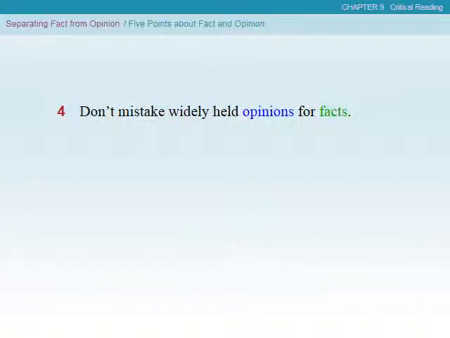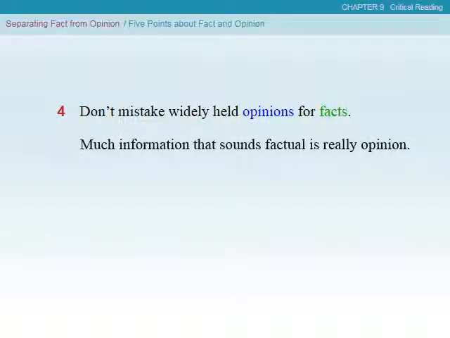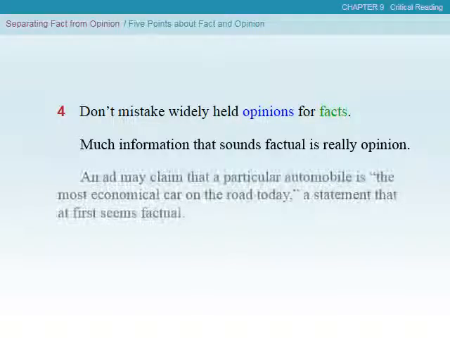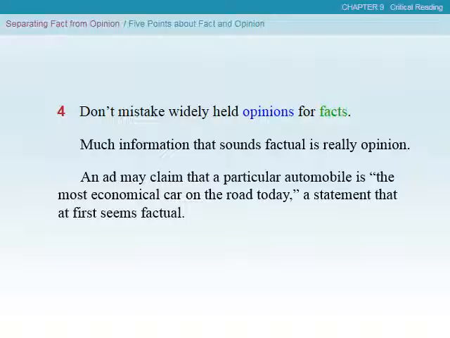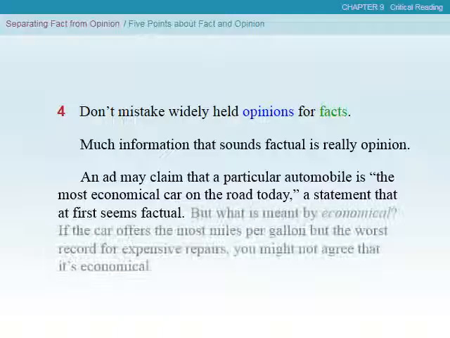Don't mistake widely held opinions for facts, okay? So just because something is an opinion that a lot of people hold to be true doesn't mean it's a fact. So for example, an ad may claim that a particular automobile is the most economical car on the road today. A statement that at first seems like, okay, that must be a fact. It's based on something.